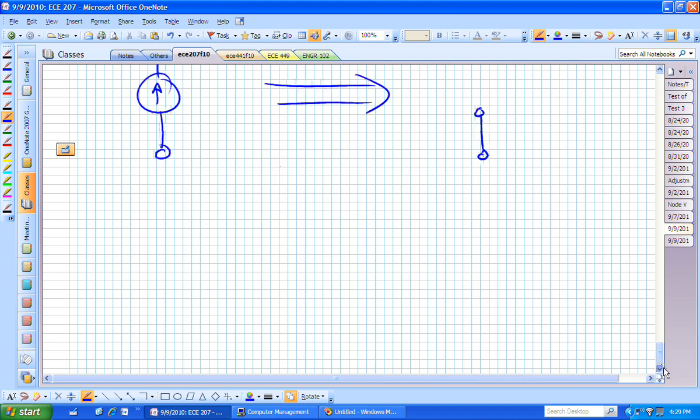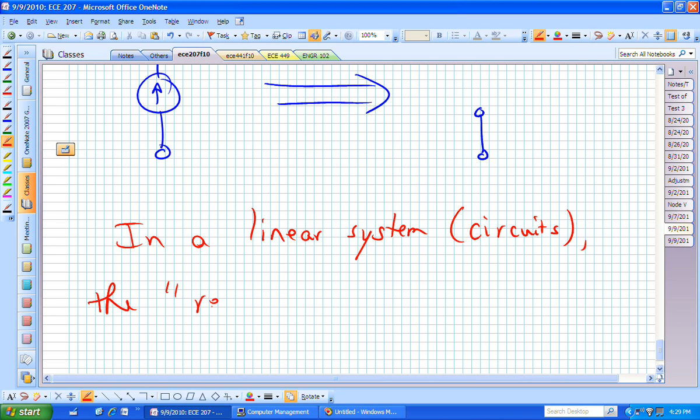Let me see if I can write that down. In a linear system, and then we'll go through an example to help illustrate this, in a linear system or circuits, the response of interest.